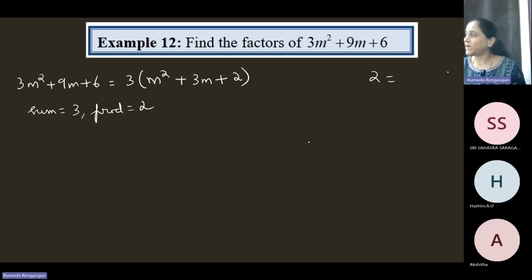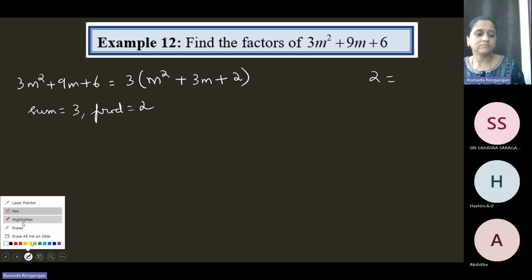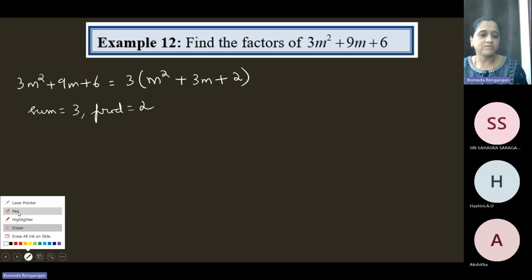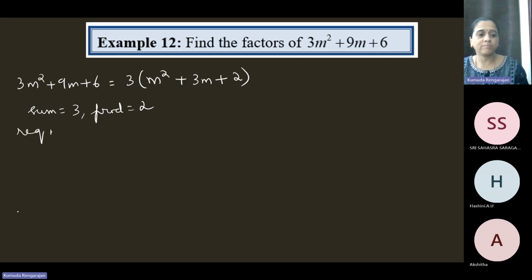See, when you try to factorize 2, 2 is 2, but you want two numbers, no? 2 and 1. So the required numbers are 2 and 1. 2 into 1 is 2, 2 plus 1 is 3. Or you can write 1 and 2 also.